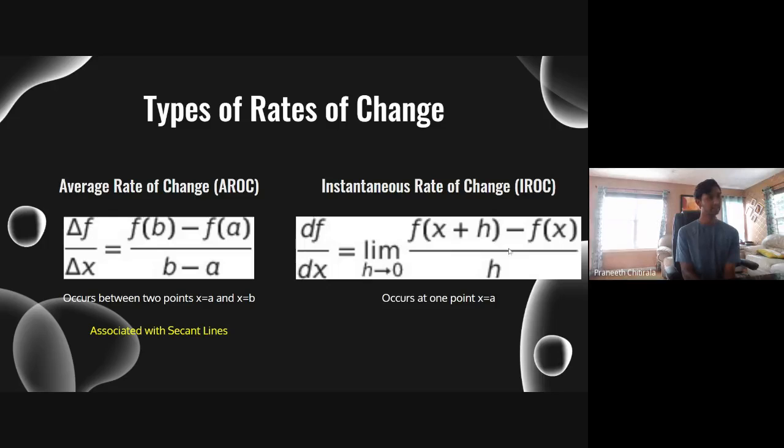Right here, we didn't signify a certain point, but you would substitute a for x, and that will be the derivative of f of x at the point x equals a. And this is often associated with tangent lines.